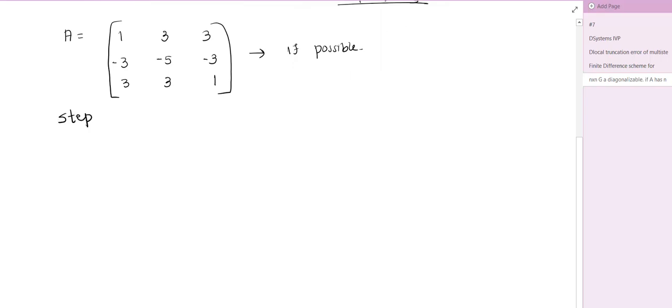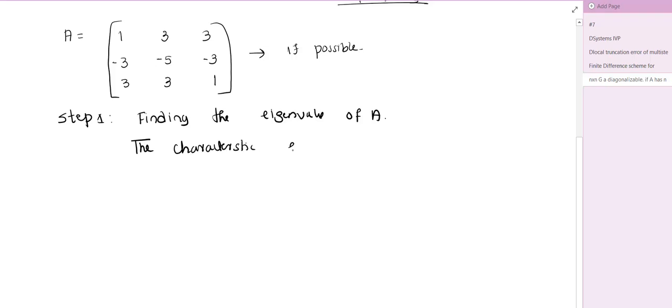The first step is finding the eigenvalues of the given matrix A. For finding the eigenvalues, you know that the characteristic equation is determinant of A minus lambda I equal to 0.